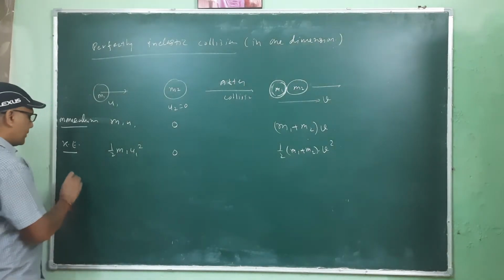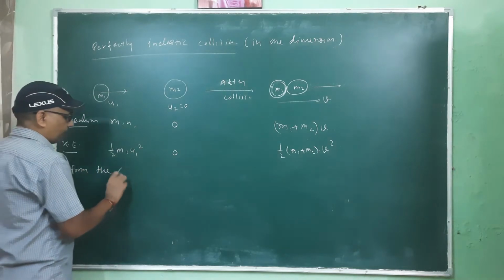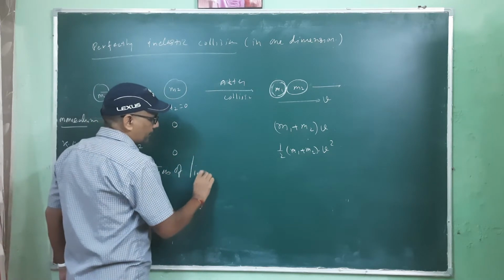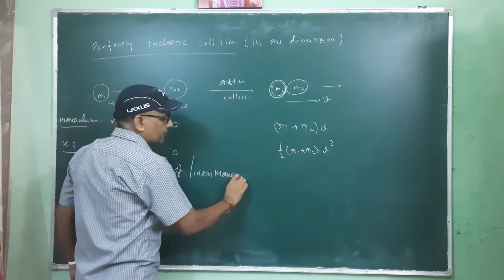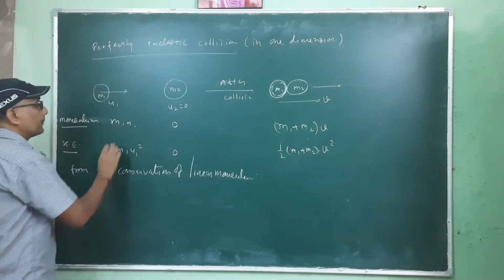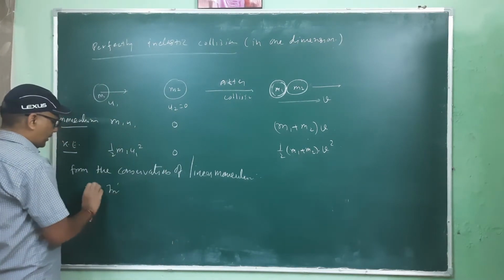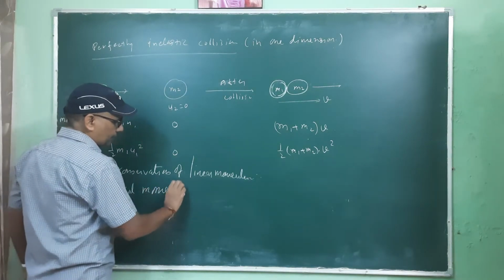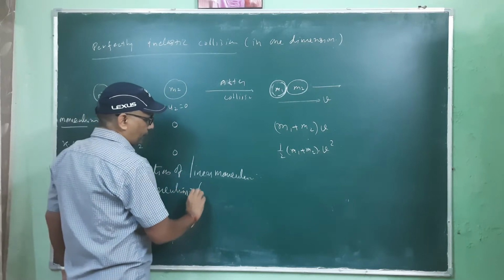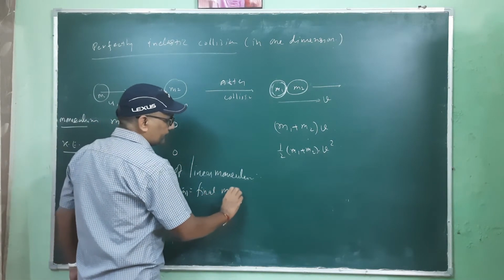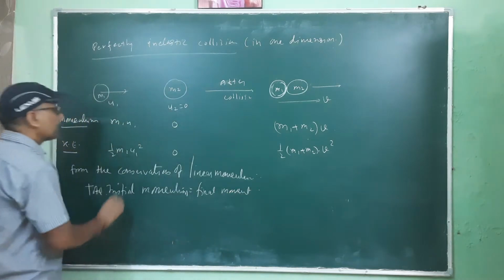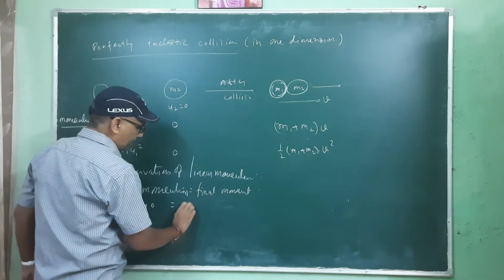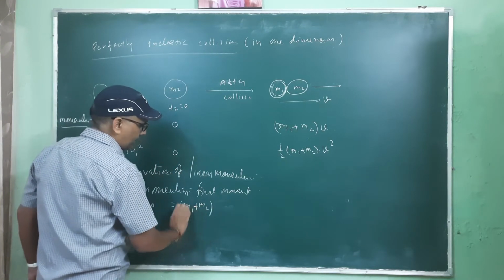From the conservation of linear momentum, the total initial momentum is equal to the total final momentum. The initial momentum is m1 u1 plus 0, which equals the final momentum, (m1 plus m2) multiplied by v.